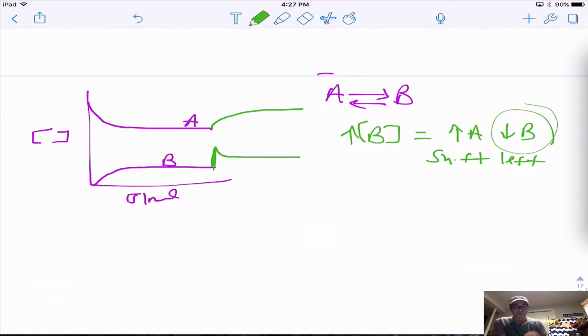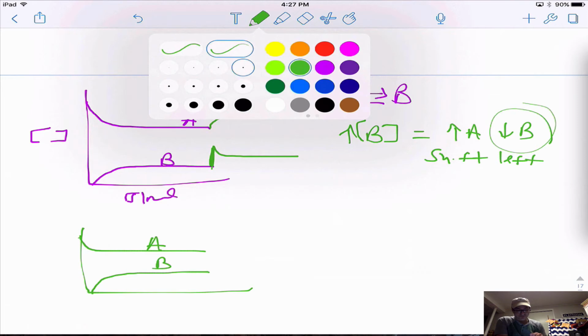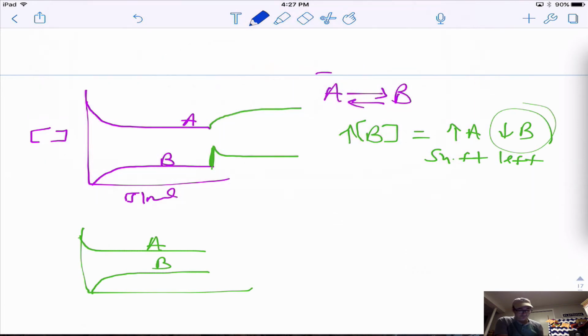Now what if I were to do one more graph with you? This time we're going to do a decrease of one of them. So we'll do it like this, and again we'll have A and B, and we'll switch colors here, and we'll do a stress.